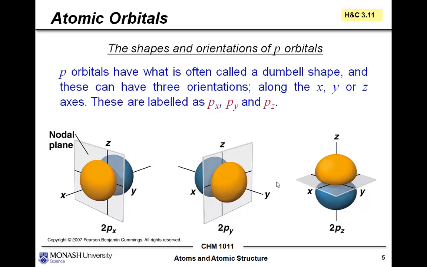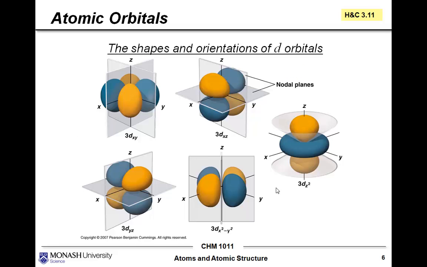That is, it's like a shish kebab with the x-axis going through the 2 lobes of the dumbbell. The py atomic orbital has the y-axis going symmetrically through the dumbbell, and the pz orbital has the z-axis going through the dumbbell lobes.